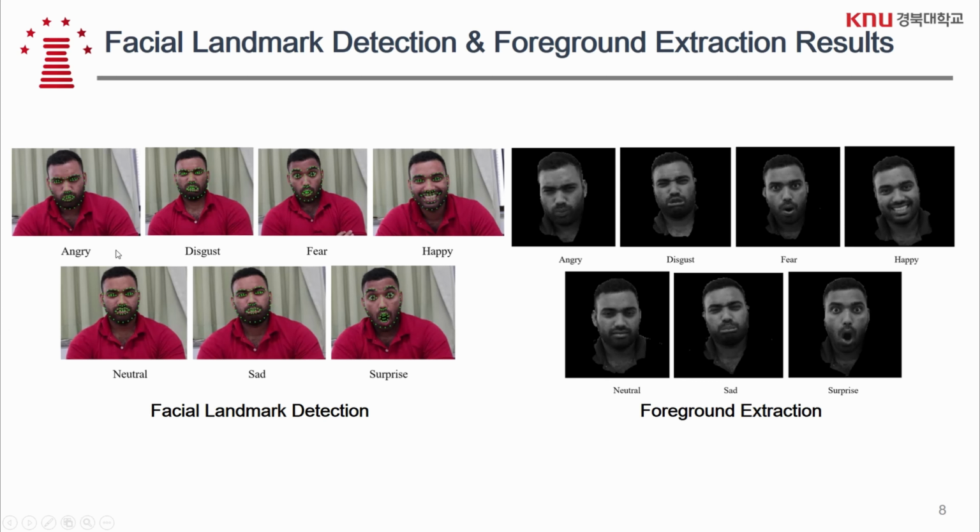So here is our result for the facial landmark detection and foreground extraction. Our system together identifies the user facial landmark plus the foreground extraction images. So the input of our model is the features from facial landmark images and features from the foreground extracted images.